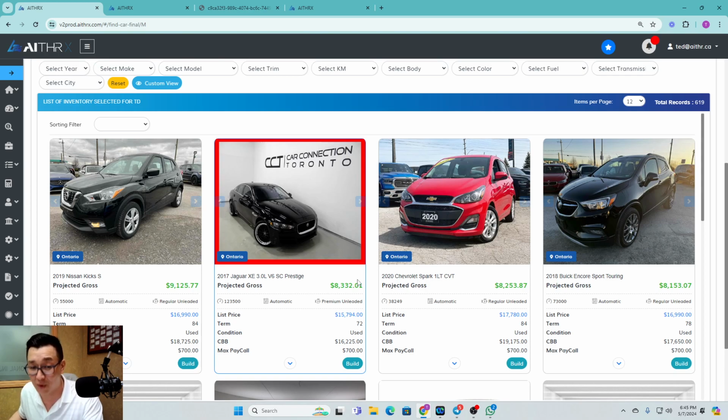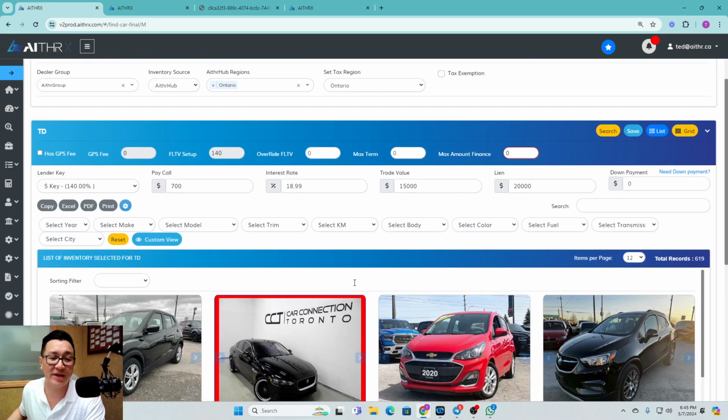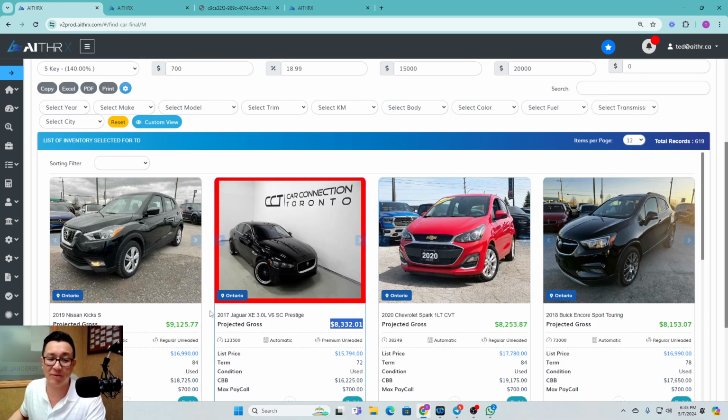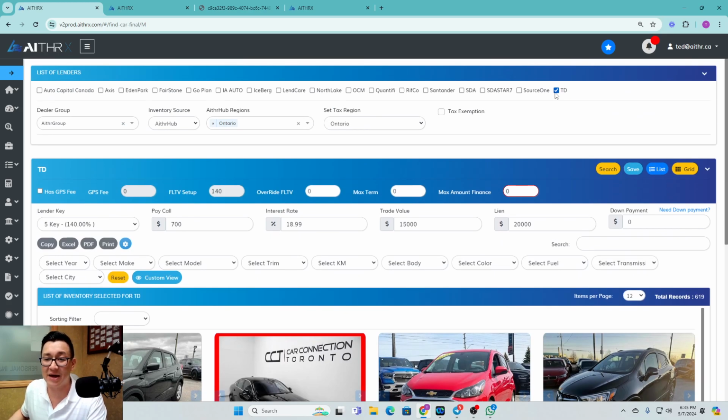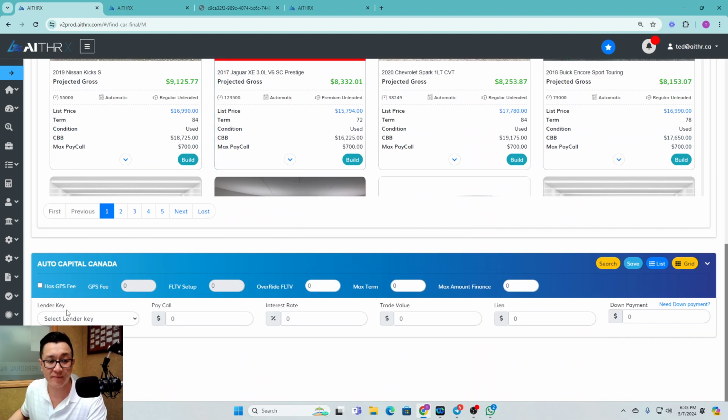So as long as there's more, I now have a reason to go, oh wait, I want that same car, the 2017. I'm now going to click into ACC, enter my exact approval, 700 pay call, 18.99, 15,000, 20.